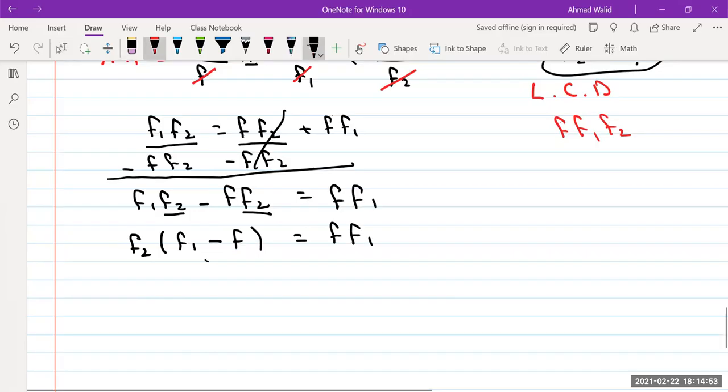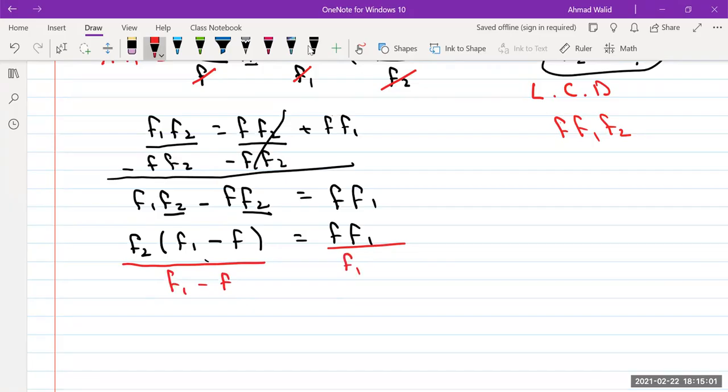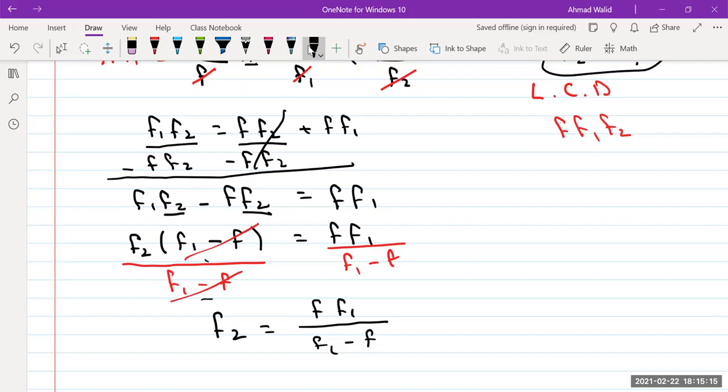Last step, I will divide both sides by F1 minus F. These two cancel out. Final answer, F2 equals F1 F over F1 minus F. I solved my formula for F2. You can solve this formula for F1.